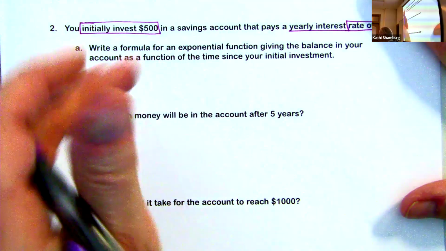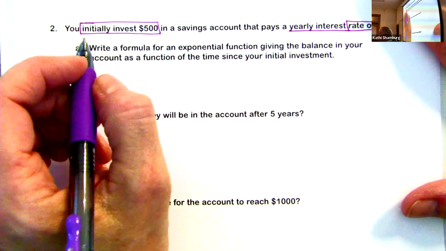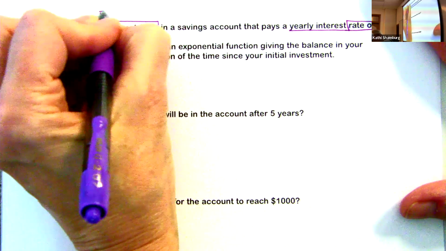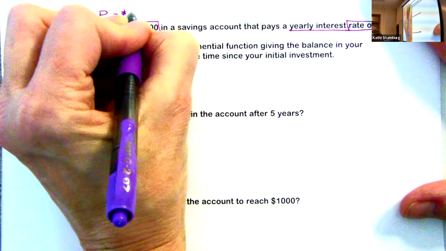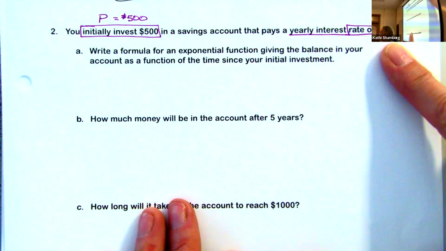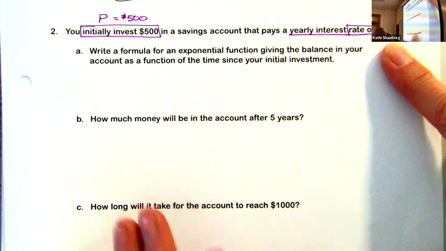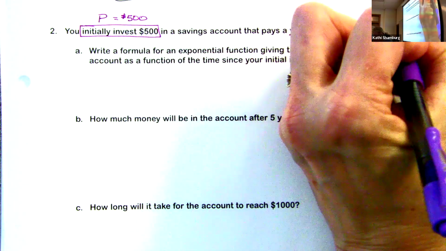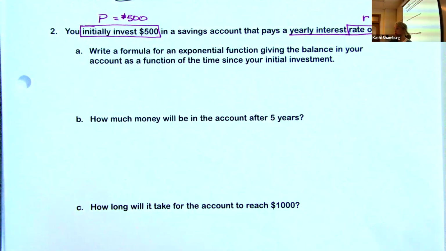That's our initial value, and what do we label that as in our model? P. So we know that P is equal to $500. And what is the 4% labeled as? Not A, R. And that's what you have to be careful of. Now, it will help us find A. I do agree with you on that.